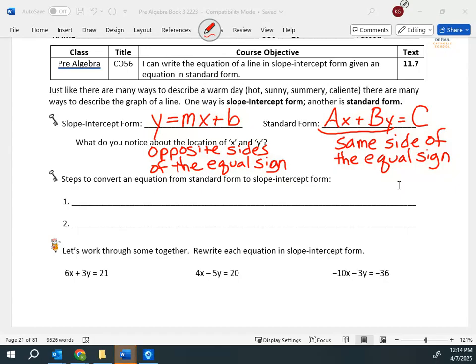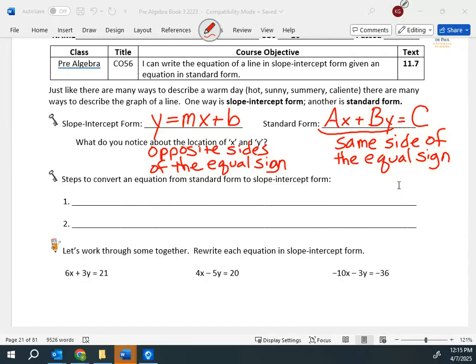So we need to think about steps to convert the equation from standard form into the slope-intercept form. How do you think we're going to do that? Think about what we have done in the past, the objectives that we've done, where we've moved things, because we know we want to get it to the slope-intercept form.